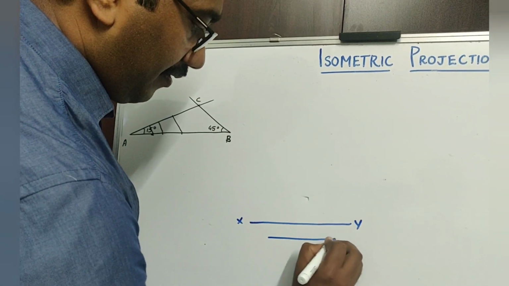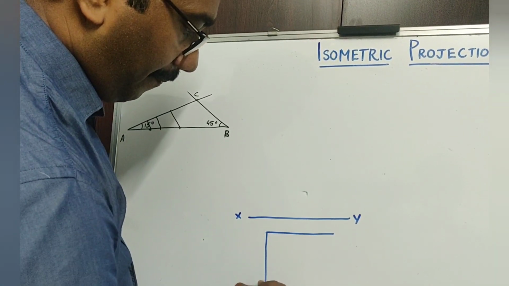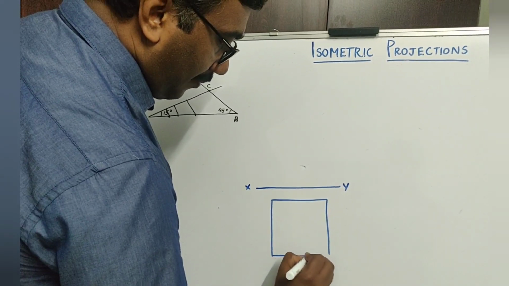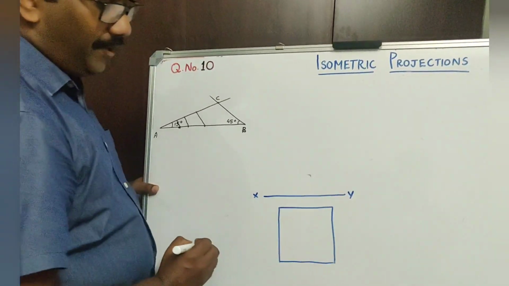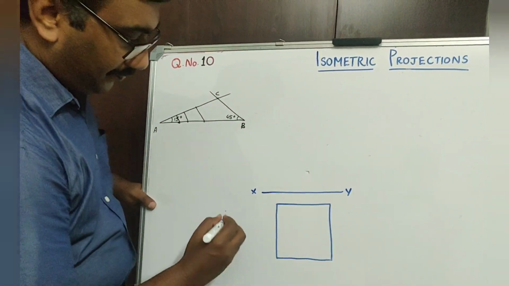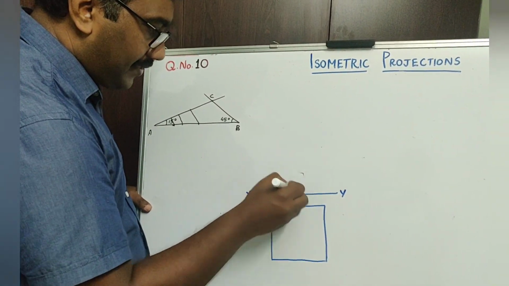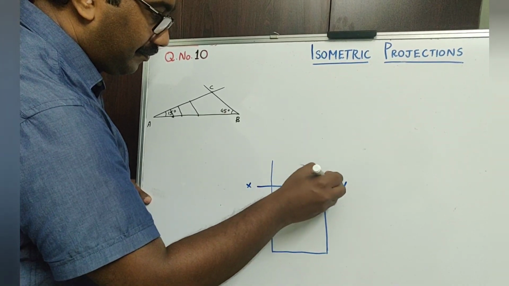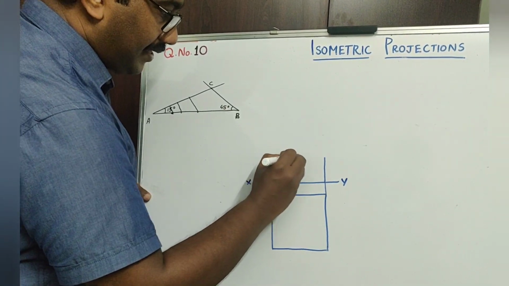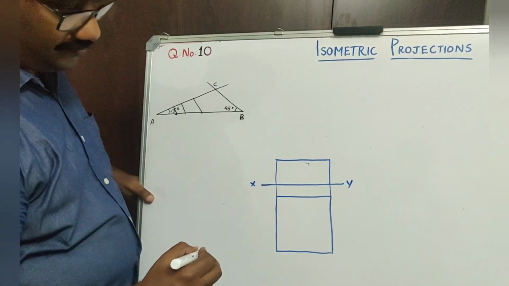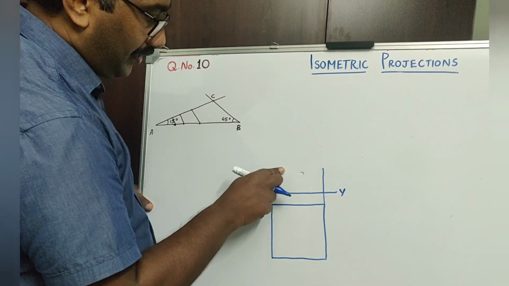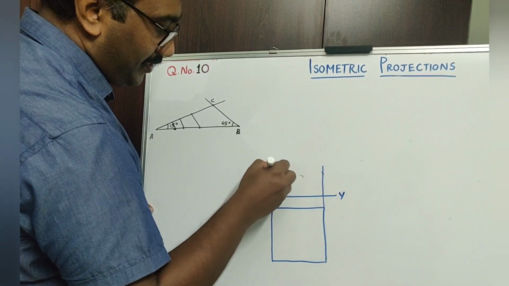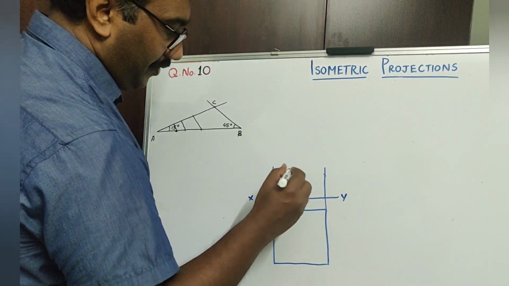Then you can draw the square slab with 50 mm sides. After this, you can have the thickness as 25. I think the thickness will be something more if you compare the dimensions. That also you can utilize.